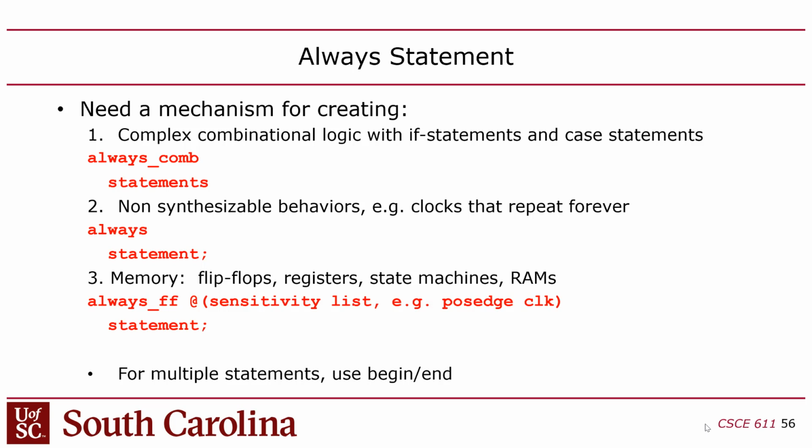So again, the first reason for using an always statement would be for complex combinational logic. So the 7-segment decoder that we're asking you to do for Lab 2, for instance, is combinational logic. But it's kind of complex, right?